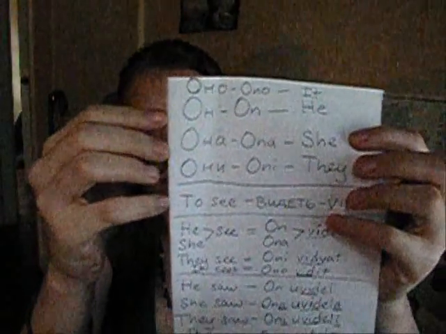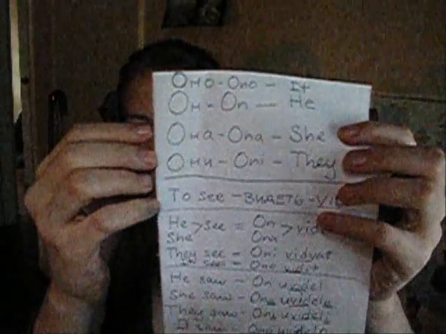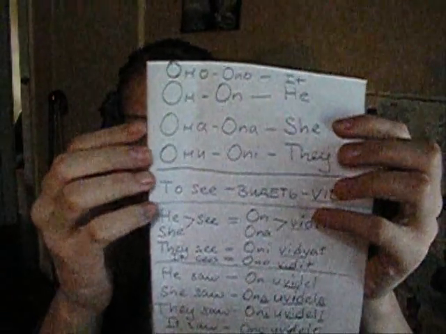And objects: стул, stool, chair, is masculine. Окно, window, is neutral. Кровать, bed, is feminine. So you get the gist, and it's оно, it, он, he, она, she, and они, they.